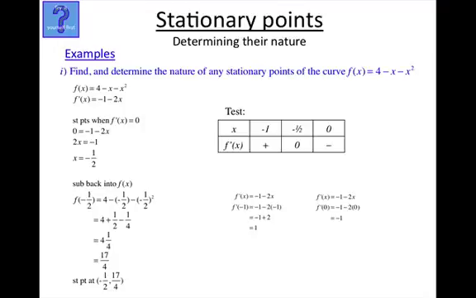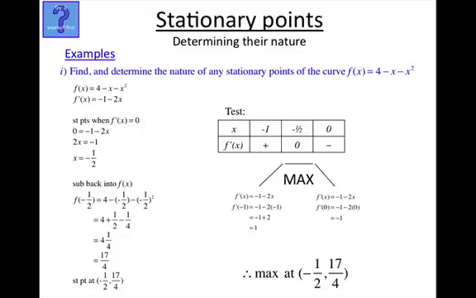And so if you sketch out manually what our gradient's doing, it's increasing, then it's flat, then it's decreasing. Which means, as you can clearly see, we have a max. And so that part there was just our testing of the nature. And we proved that we have a max at minus a half, 17 on 4.